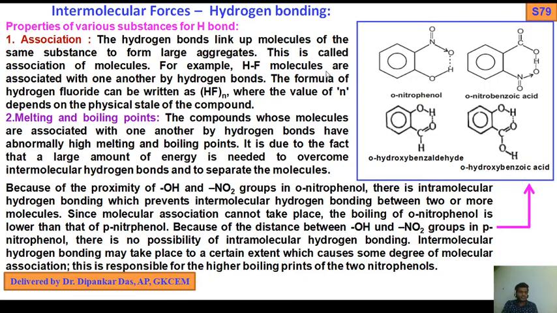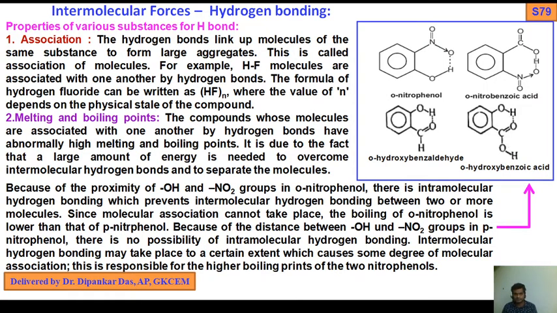This is called association of the molecules. For example, HF molecules are associated with one another by hydrogen bonds. The formula of hydrogen fluoride can be written as (HF)n, where the value of n depends upon the physical state of the compound.